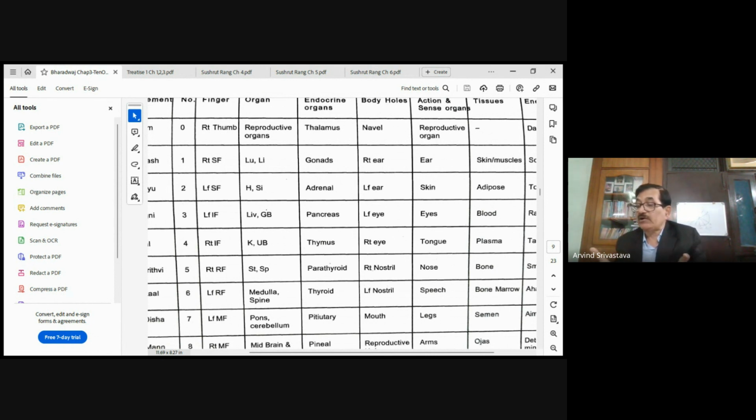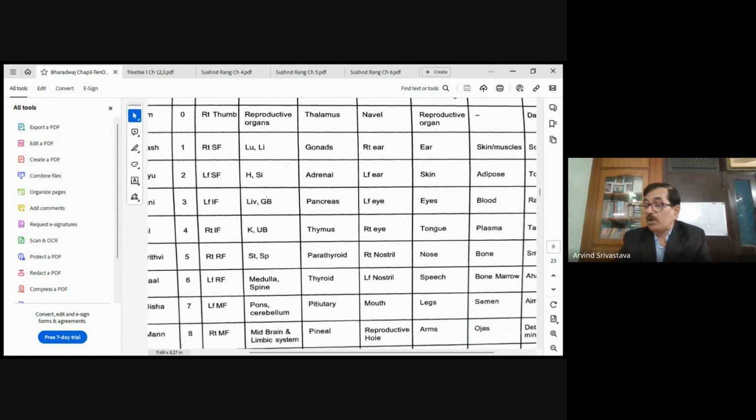Then we have got legs. From legs we move from here to there. That's why for disha, we have taken it. Disha means direction. That disha is associated with legs. For man, we take responsibility that I will do this one.